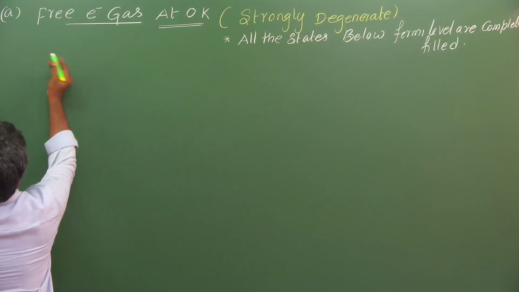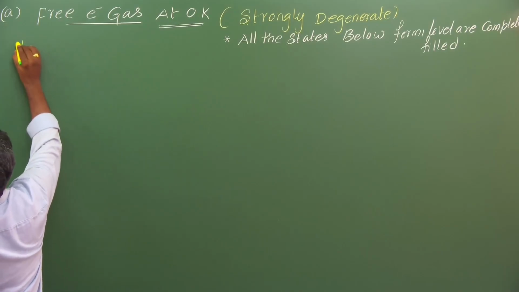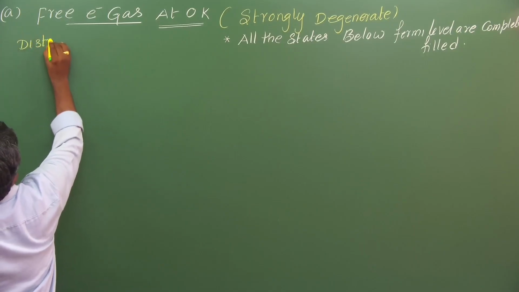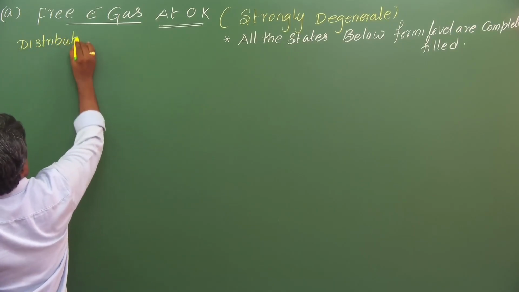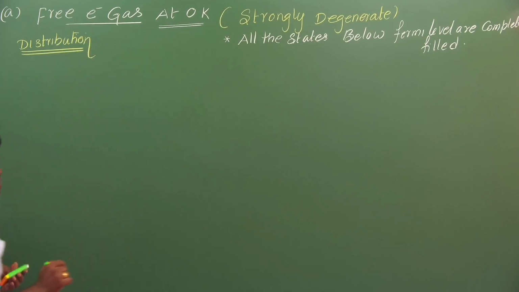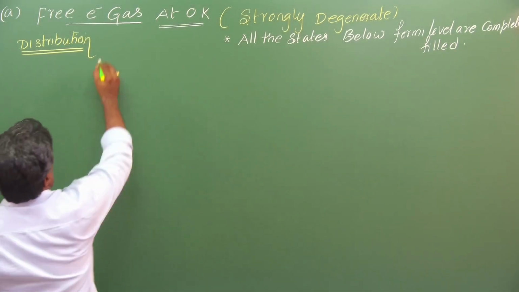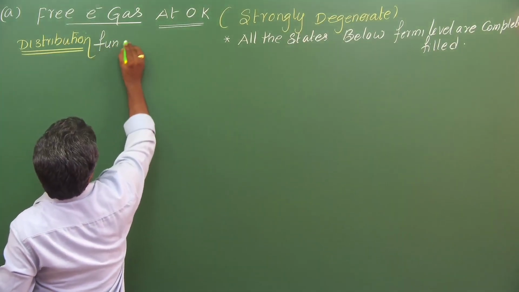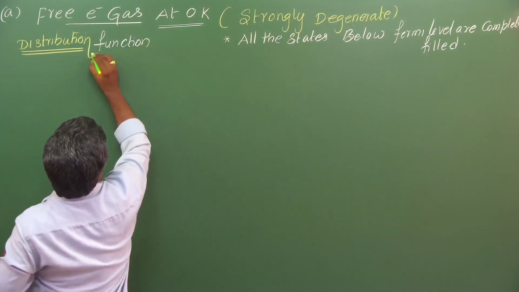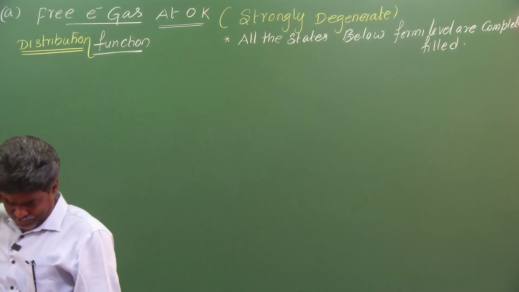Now, for this I need to define one thing called the distribution function. I am not deriving it, I am explaining; the derivation is in stat mech, which sir will explain. What is meant by distribution function?